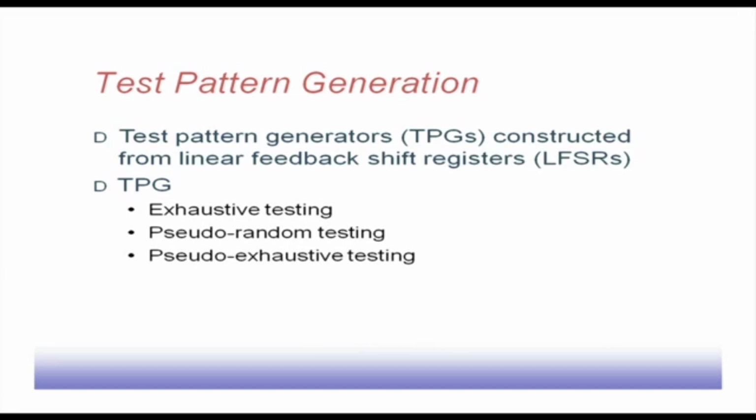And pseudo exhaustive testing. It is not exhaustive at all points; if it is an n input circuit, maybe it is exhaustive for k inputs, and other places it is not. There is a subset of outputs of the test pattern generator where the generated pattern is exhaustive in nature.